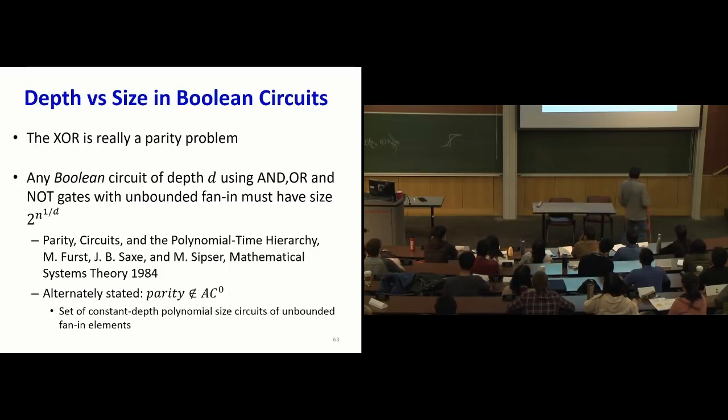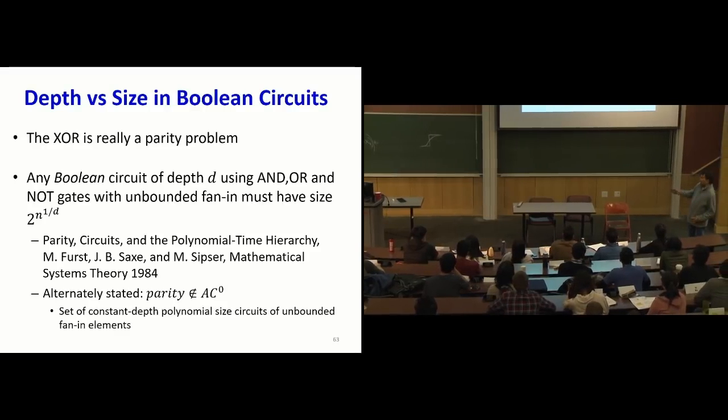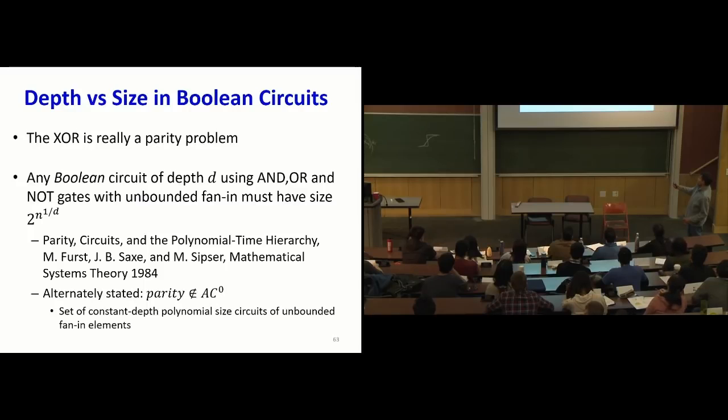That is the theorem. Alternatively stated, there's an arithmetic class of circuits called AC. AC0 is the set of circuits which are polynomial in size and fixed depth. You cannot compute the parity problem universally with a fixed depth network.